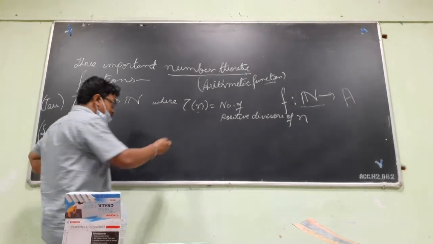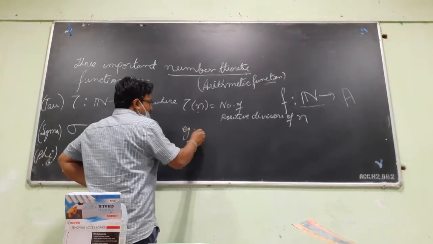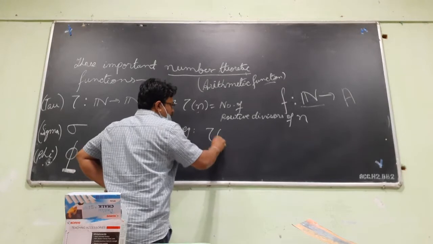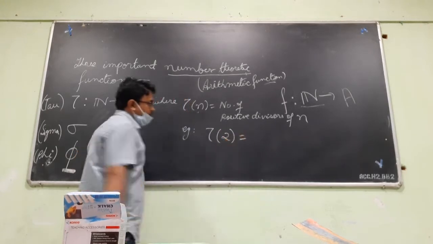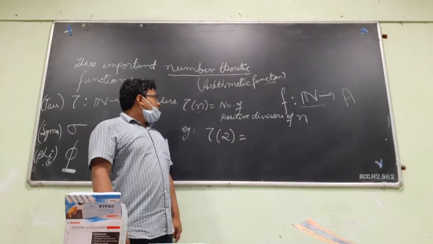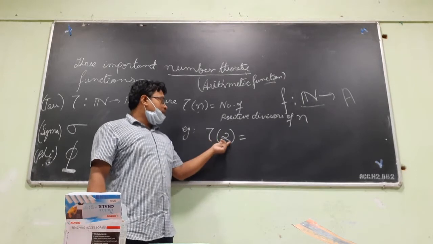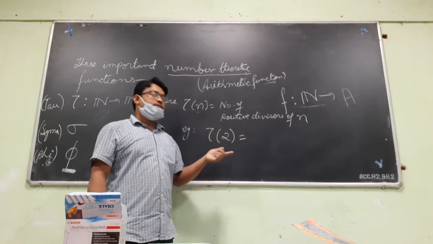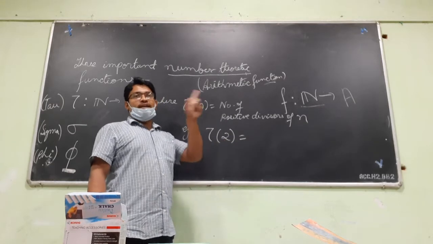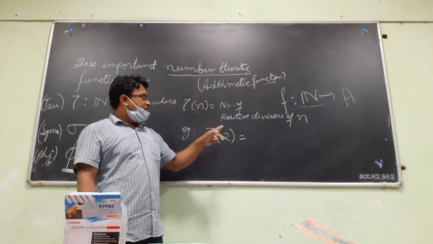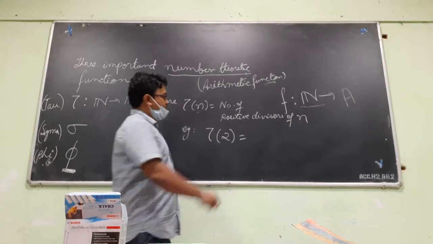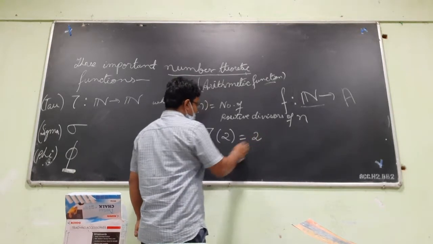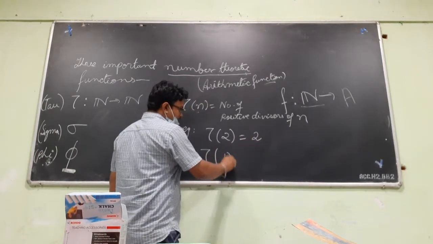So for example, what is tau of 2? Tau of 2 means the number of positive divisors of 2. So how many positive divisors are there? Only 2: 1 and 2. 1 is a positive divisor, 2 is another positive divisor. What is tau of 1?